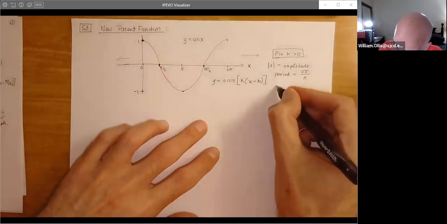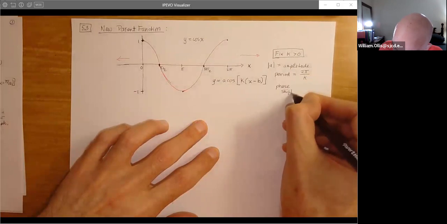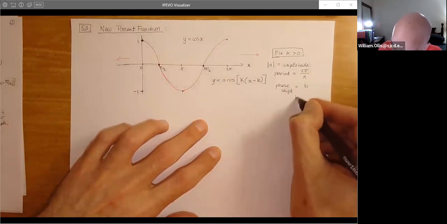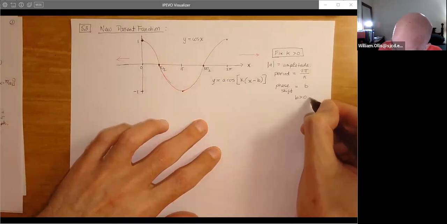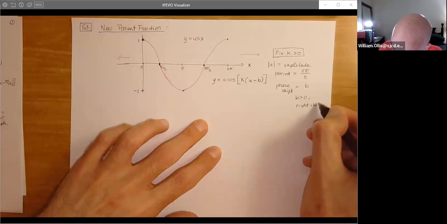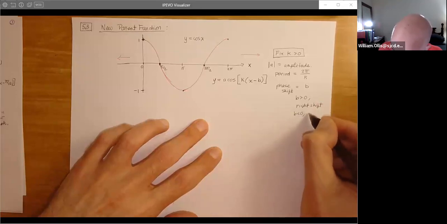And then the last thing is the phase shift. This is the terminology we use for the right or left shifting, and this will be B. And of course, if B is positive, this corresponds to a right shift. And if B is negative, this corresponds to a left shift.